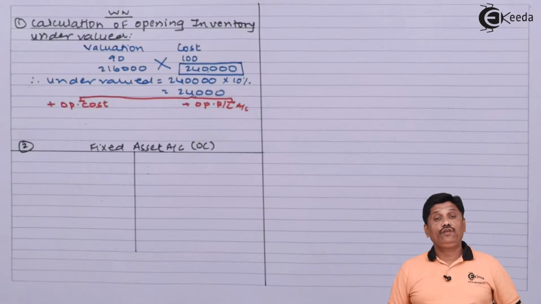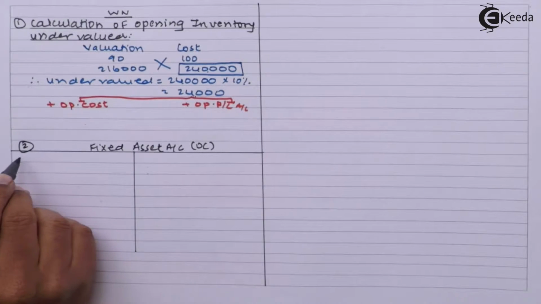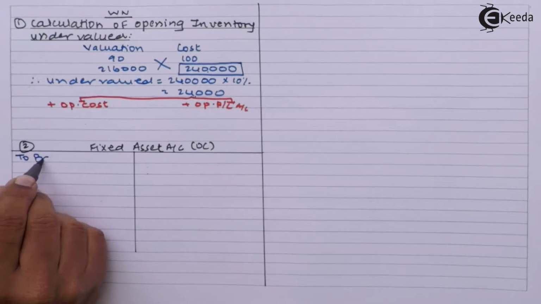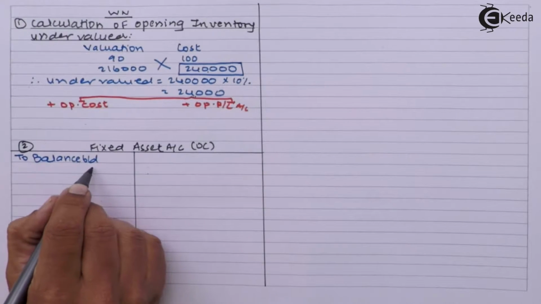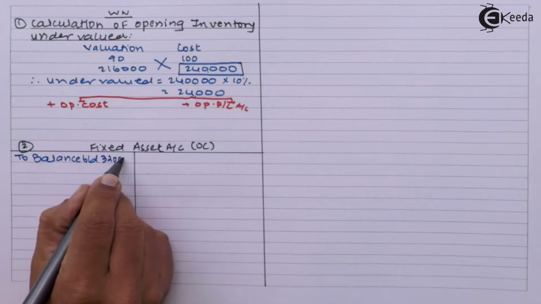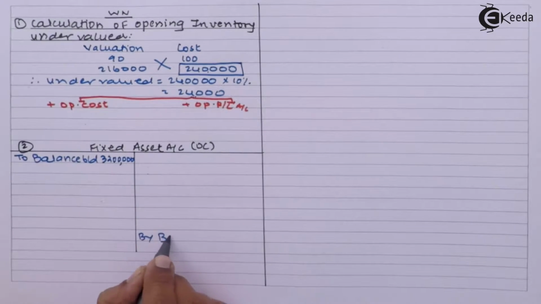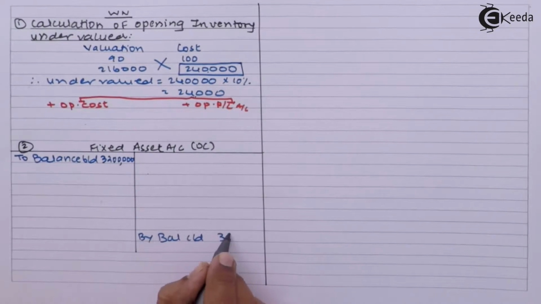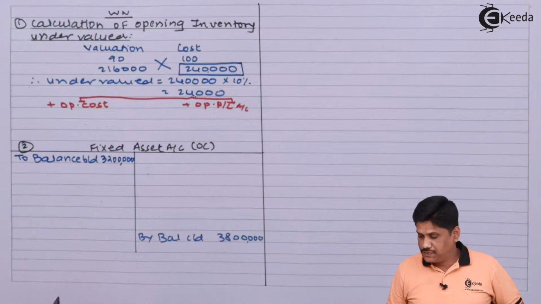Fixed asset account will be kept at original cost. So I am writing now opening and closing balance in this account. 32 lakhs. And 38 lakhs is your closing balance.